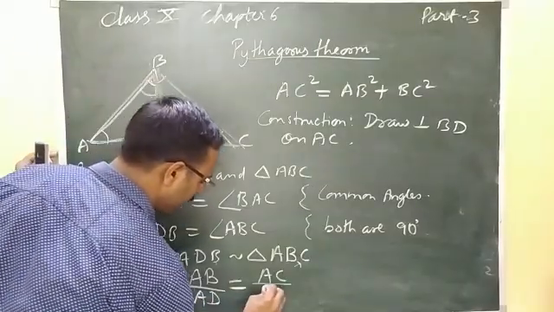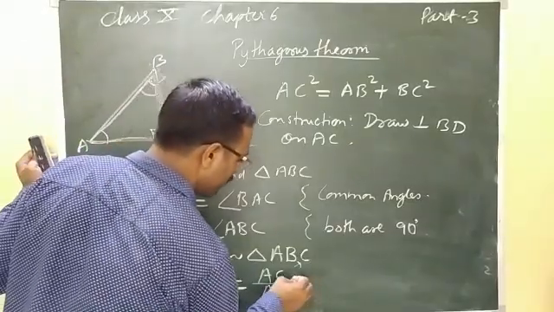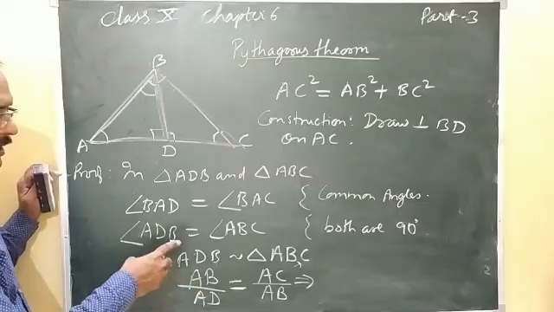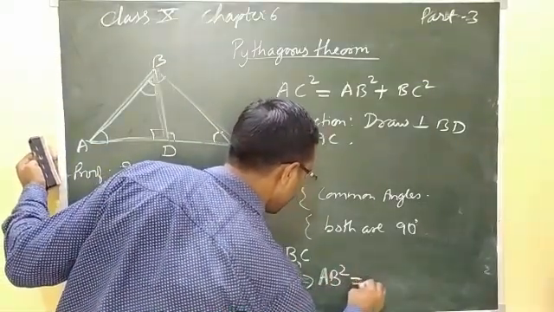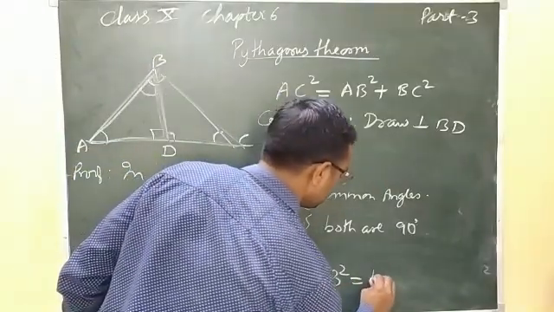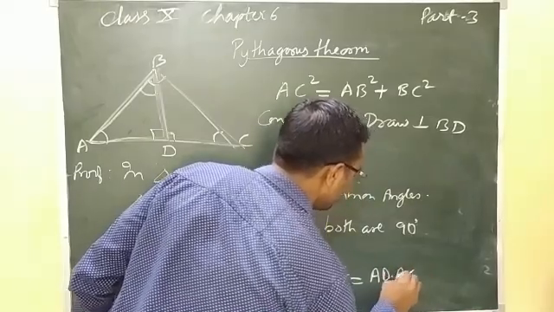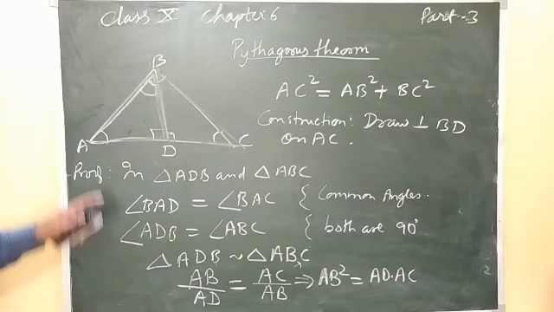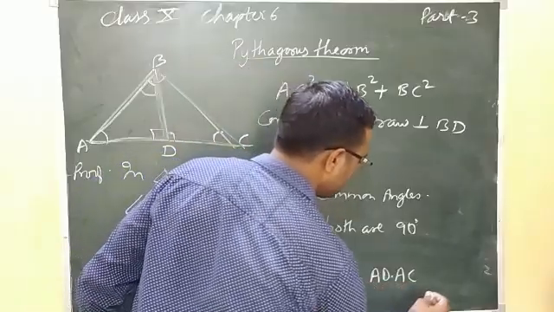So in place of AD, we will have AB here. Now if you cross multiply these two, what are you going to get? AB into AB, that is AB square, and AD will be multiplied with AC. So we can see that AB square equals AD into AC. So we have obtained AC here also.